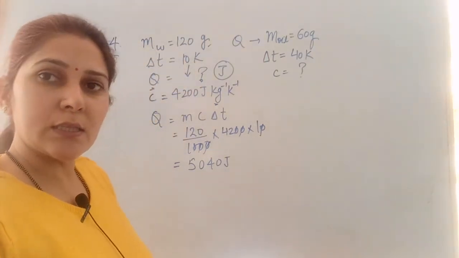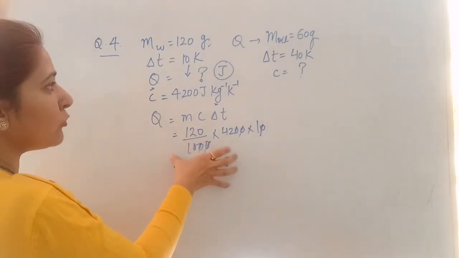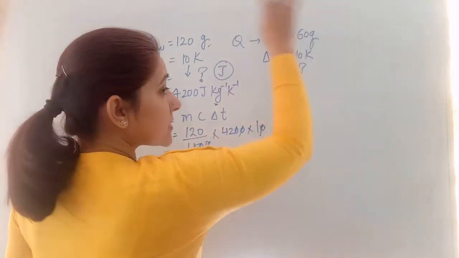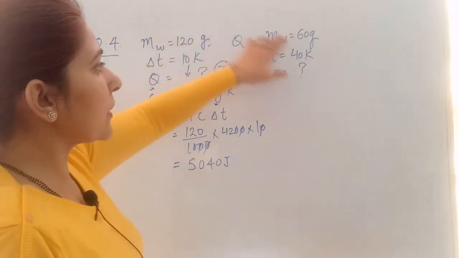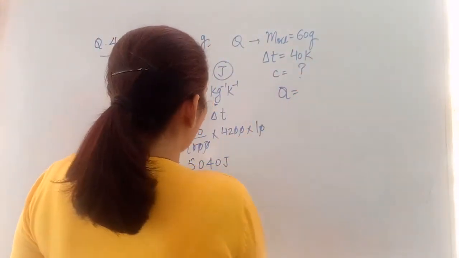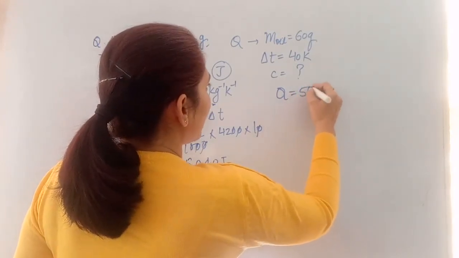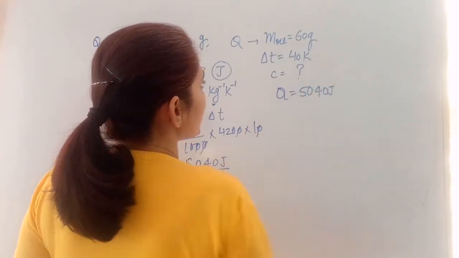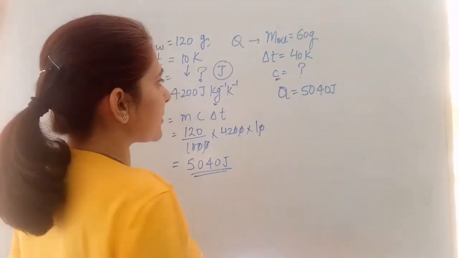Now in the question they told you that the same amount of heat is given to 60 grams of oil, and the temperature rises by 40 Kelvin. So Q is equal to 5040 joules, and we have to calculate the specific heat capacity.